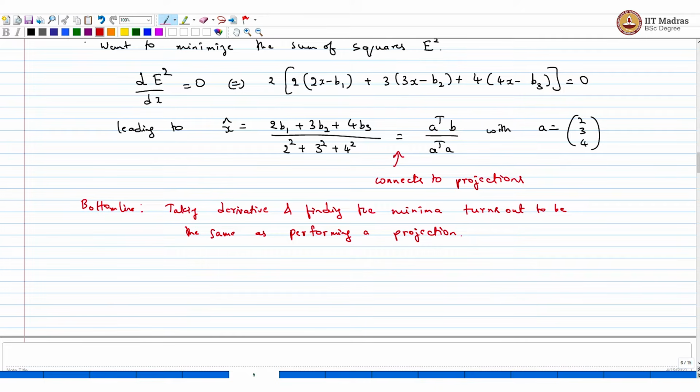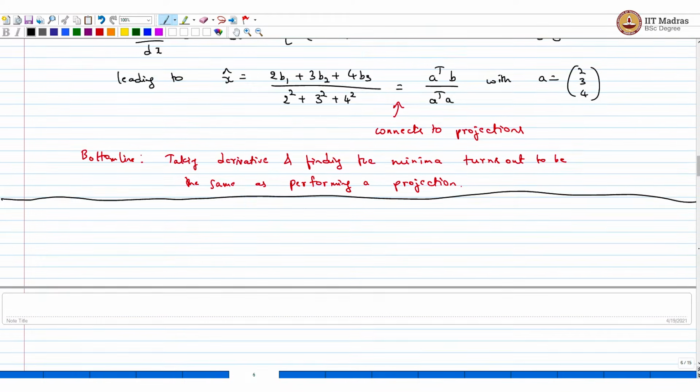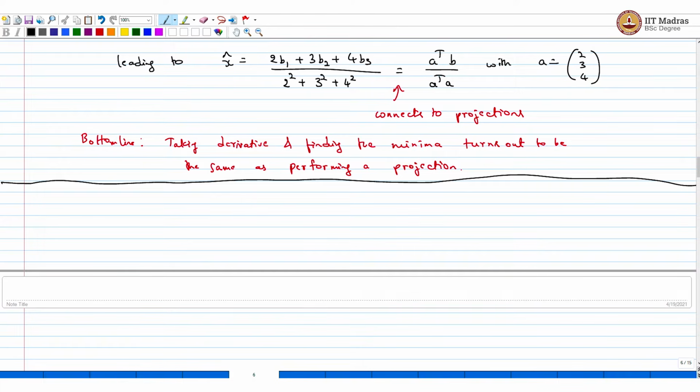So, the very next topic that we are going to look at is projection onto a subspace. So, what do I mean by this? I have a system, where A is m cross n.